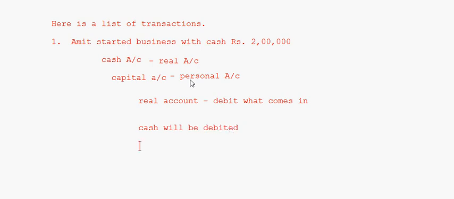And capital account is actually the personal account of the proprietor, right? Personal account, what is the rule? Credit the giver. Personal account, debit the receiver, credit the giver, right? So now here I will credit the capital account because the capital account is basically pertaining to the proprietor. Understood?